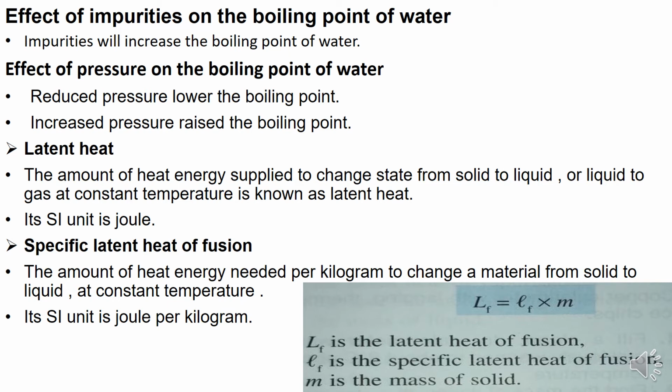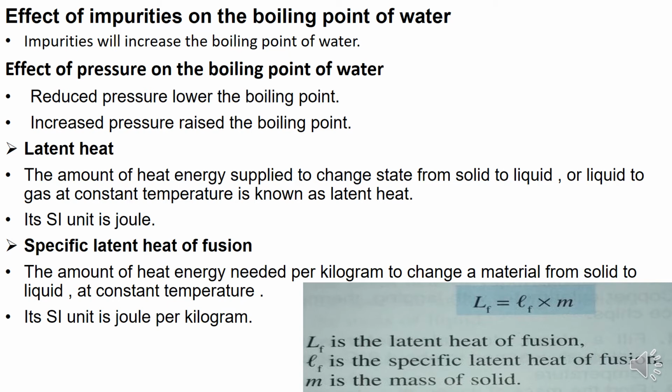Boiling under reduced pressure has an advantage: using less energy to get rid of excess or unwanted water, such as in the production of evaporated milk and granulated sugar crystals. The next one is boiling under increased pressure. Increased pressure will raise the boiling point.